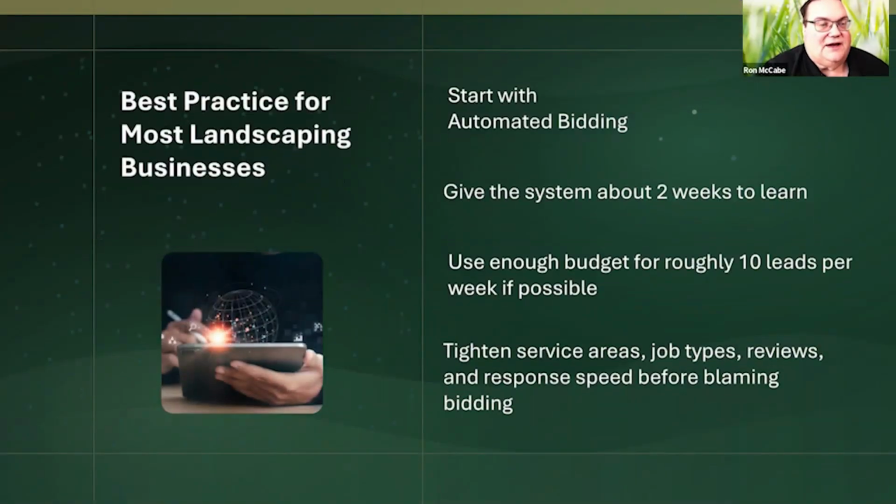We recommend that you start with automated bidding. You give the system about 2 weeks to learn, and essentially you want to use enough budget for roughly 10 leads per week if possible. We usually start at like 150 to 200. And then during that period, you kind of tighten your service areas, job types, and reviews, things like that.